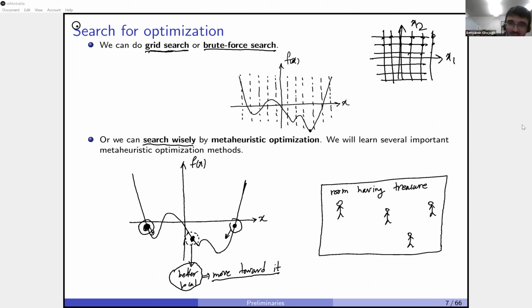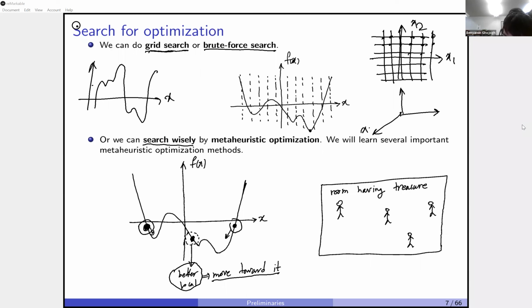Why? Because it's exactly like a landscape. For example, if the cost function is 1D, one-dimensional, it's like a valley or mountain, exactly like a landscape. If it is 2D, two-dimensional, it's like a bowl. How should I draw it?